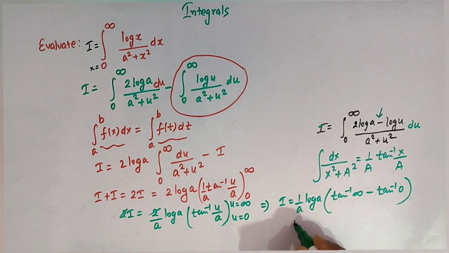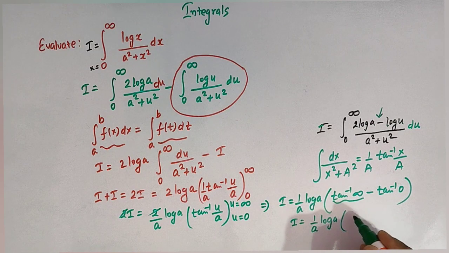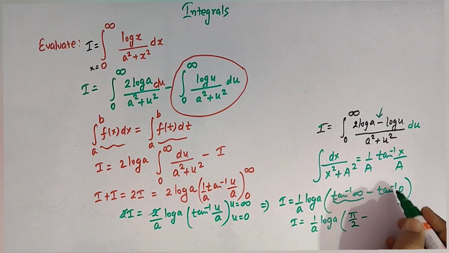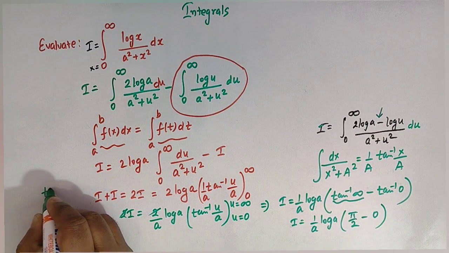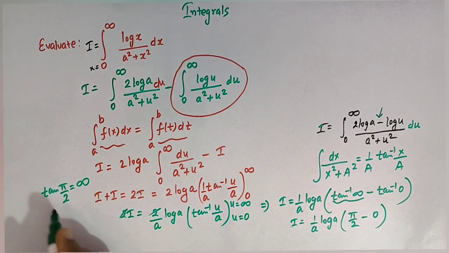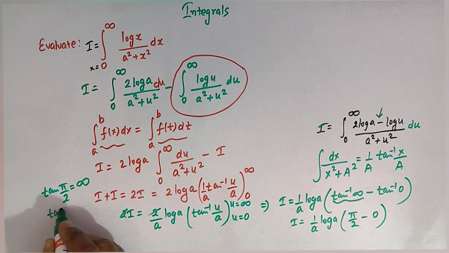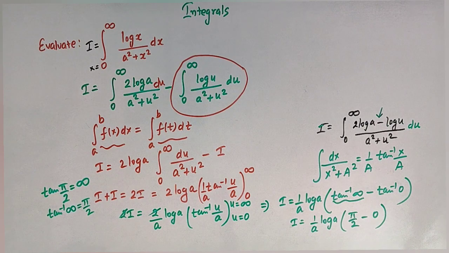So I is equal to 1 over a log a, and tan inverse infinity is pi over 2, and tan inverse of 0 is 0, right? Because we know that tan pi by 2 is not defined, so tan inverse of infinity is equal to pi over 2, right?